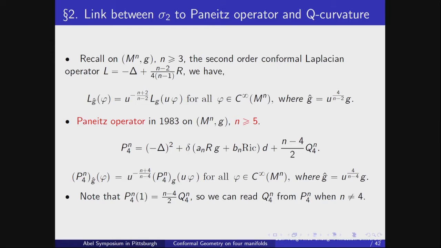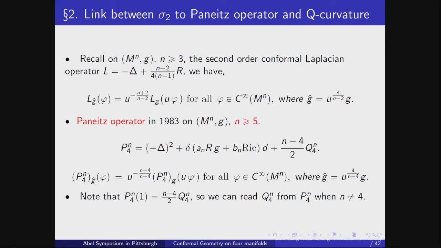The leading order term is the bi-Laplace operator, double Laplace, and then there is some second order term, whose coefficient is related to the geometry, plus a zero order term of curvature, with a coefficient (n minus 4) over 2 times a curvature. He pointed out that this operator, in his relation to studying the Maxwell equation, has a conformal covariant property.